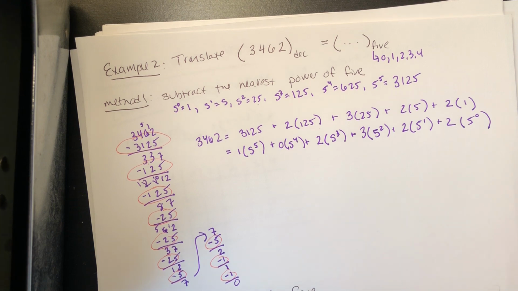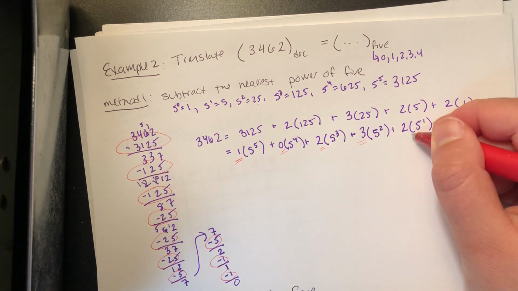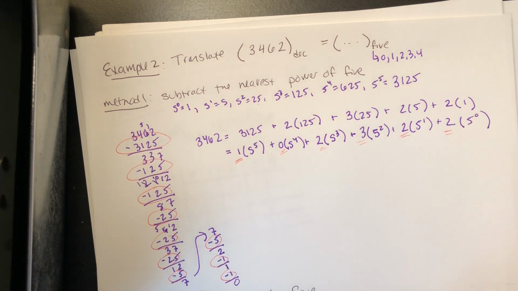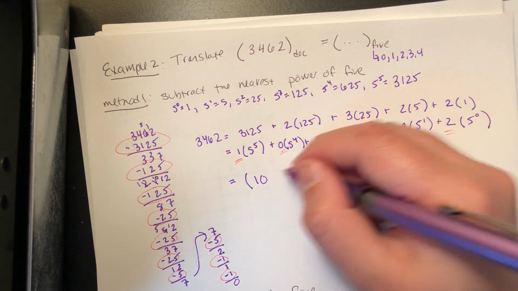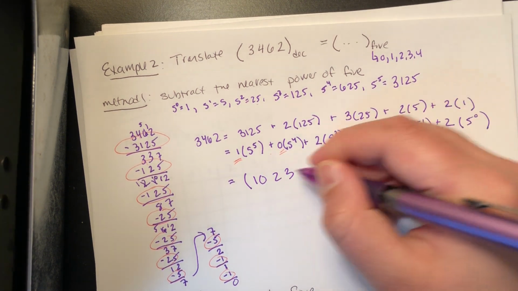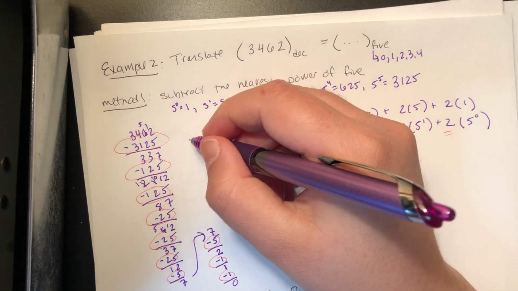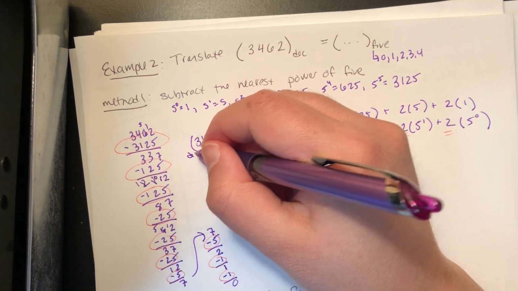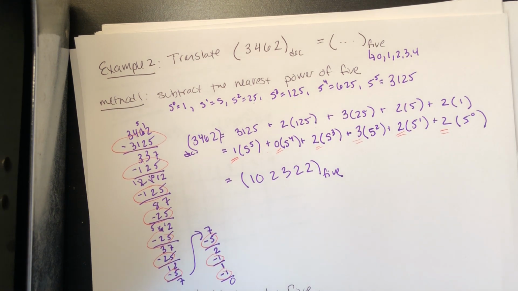So now I'm just pulling out those coefficients, right, to express this in base 5. It'll be 1, 0, 2, 3, 2, 2 in base 5. Right, so the number 3462 in decimal is equal to 102322 in base 5.